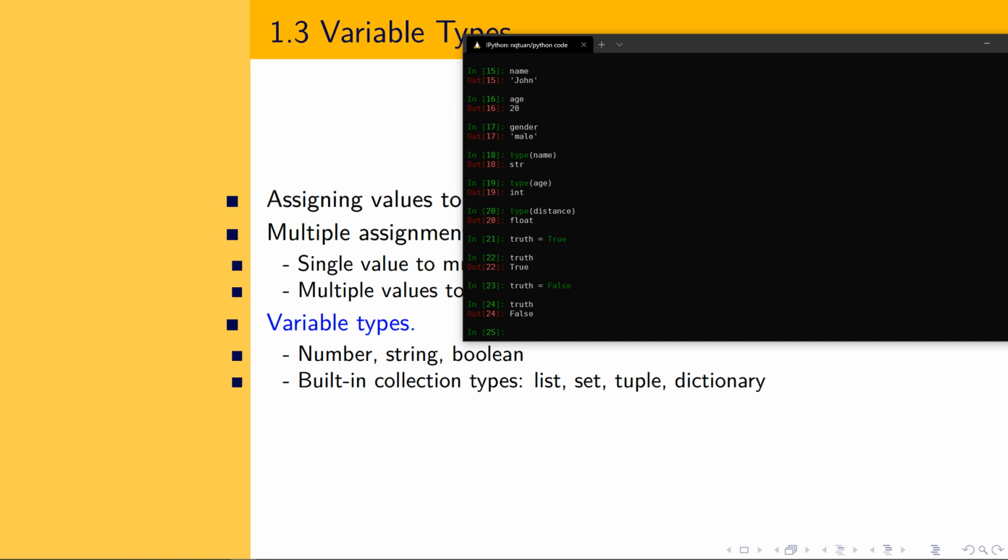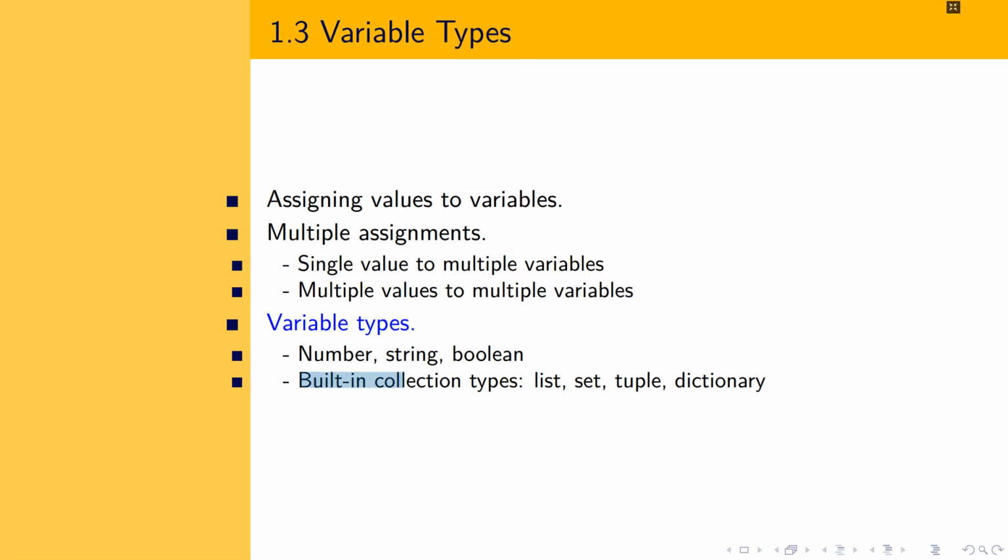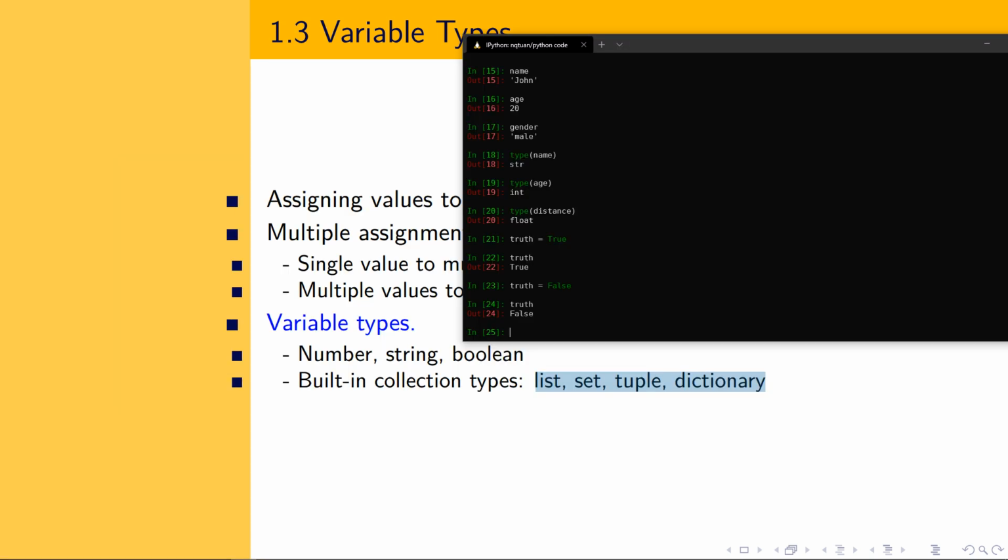And here I would like to tell you that Python also provides built-in collection types: list, set, tuple, and dictionary, which are very useful when you organize many variables in a collection. Here I can give you an example of a list.